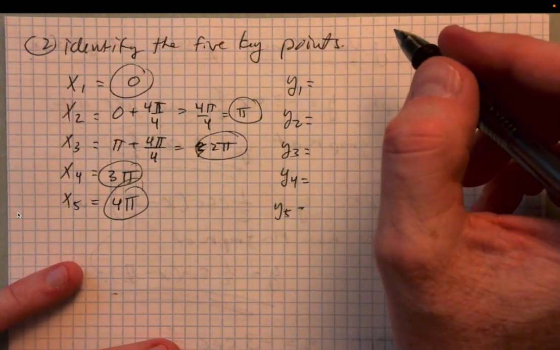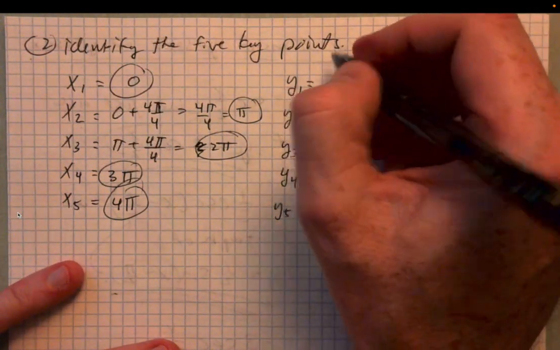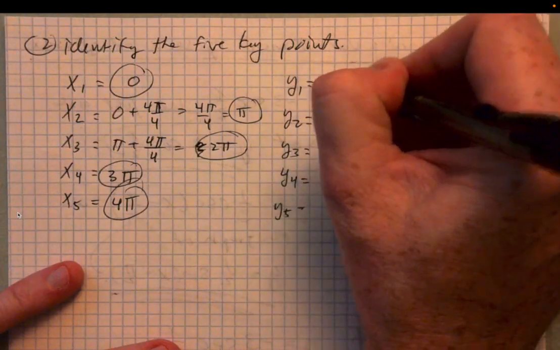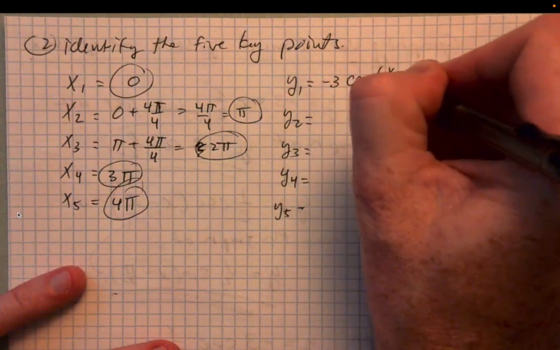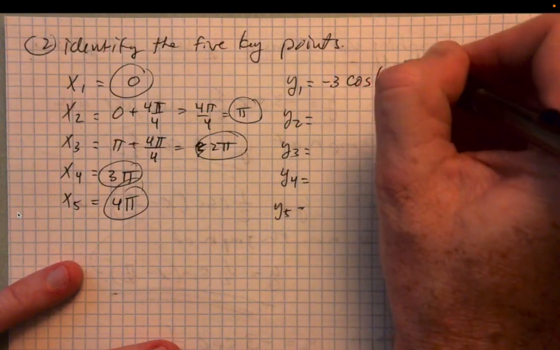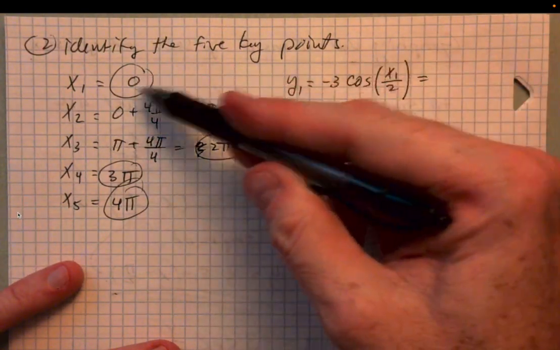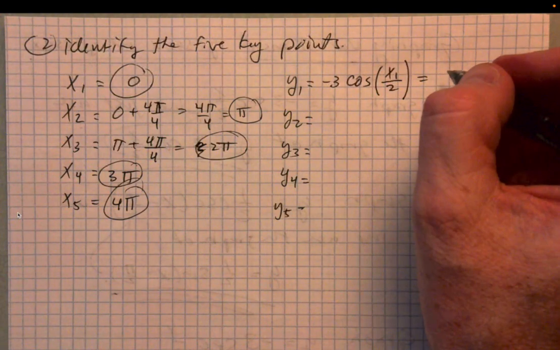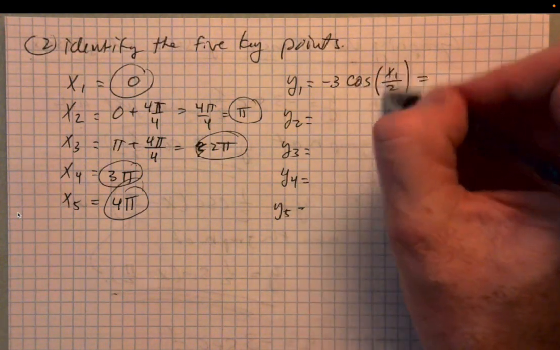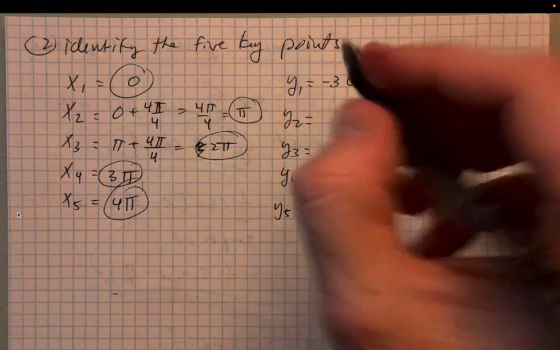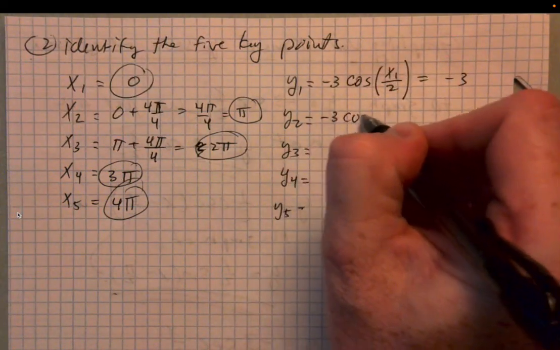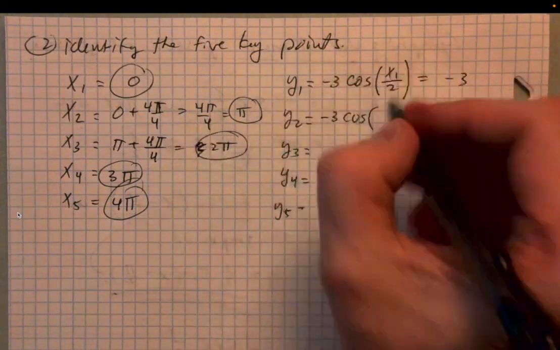And so we would say y1 is equal to -3 cosine of x1 over 2, right? x1 is 0, so this is just going to be basically 1 times -3, so -3. And this one will be -3 times cosine of x2, which is pi.